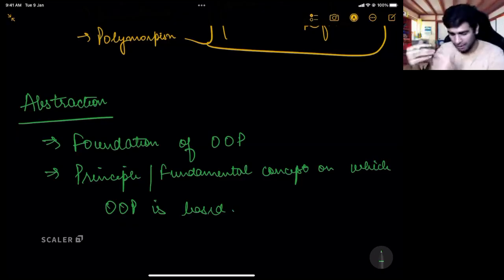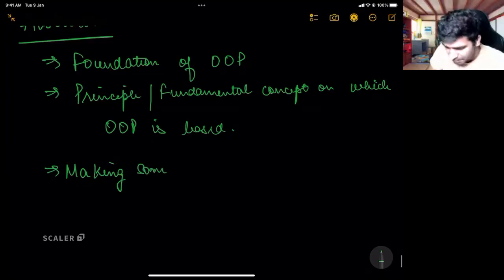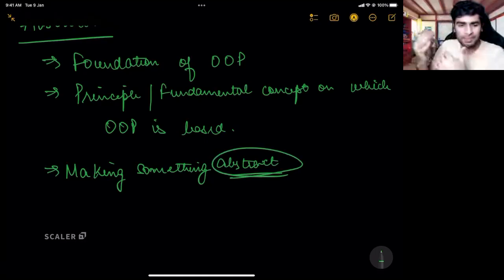See, abstraction means making something abstract. Abstraction is nothing but the process of making something abstract. And what does the word abstract mean? Yes, one person Googled this, and the definition of abstract is existing only as an idea.